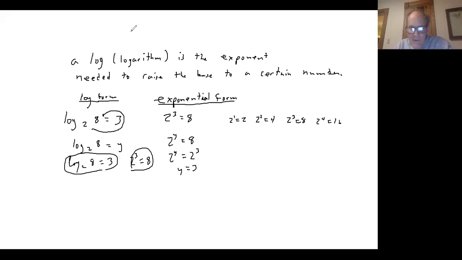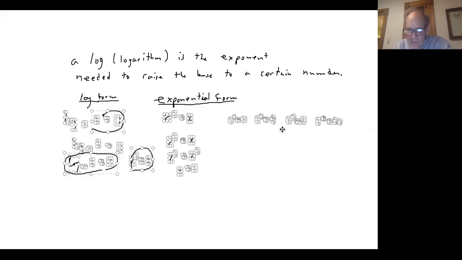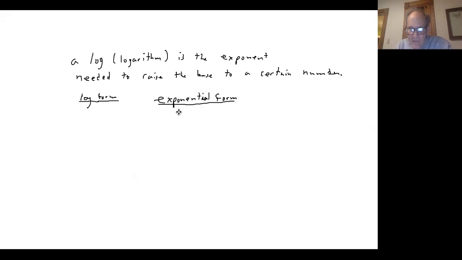Okay, let's do another one of those. Same idea, put it in exponential and log form here. Let's just erase some of this. So what if we had something like this? Here, you try it.